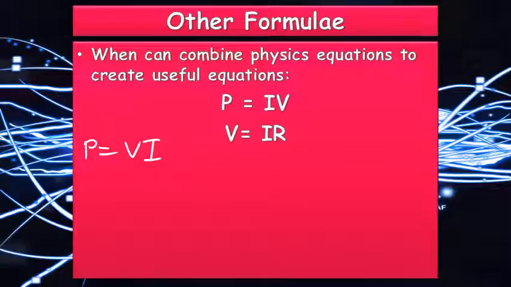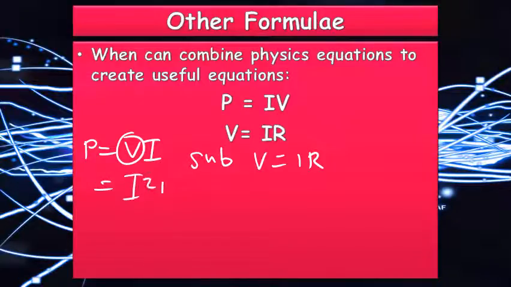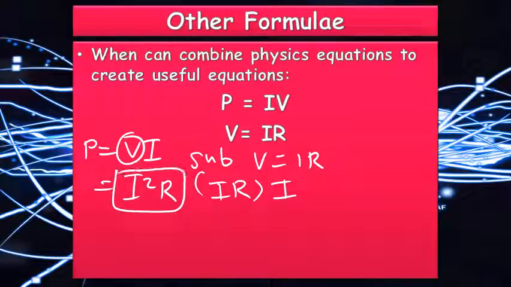If you substitute voltage equals IR into the equation, replacing voltage with IR, you'll end up with I squared times R. All you're doing is going I R times current. So you get P equals I squared R. That's a useful equation, so you should remember that.